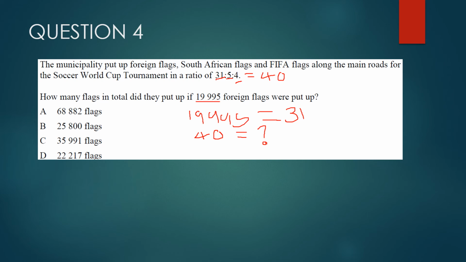Those who are good with cross multiplication will do cross multiplication, but you can use it in fraction form. So you want 40, and then you have 31, then you multiply by your 19,995.